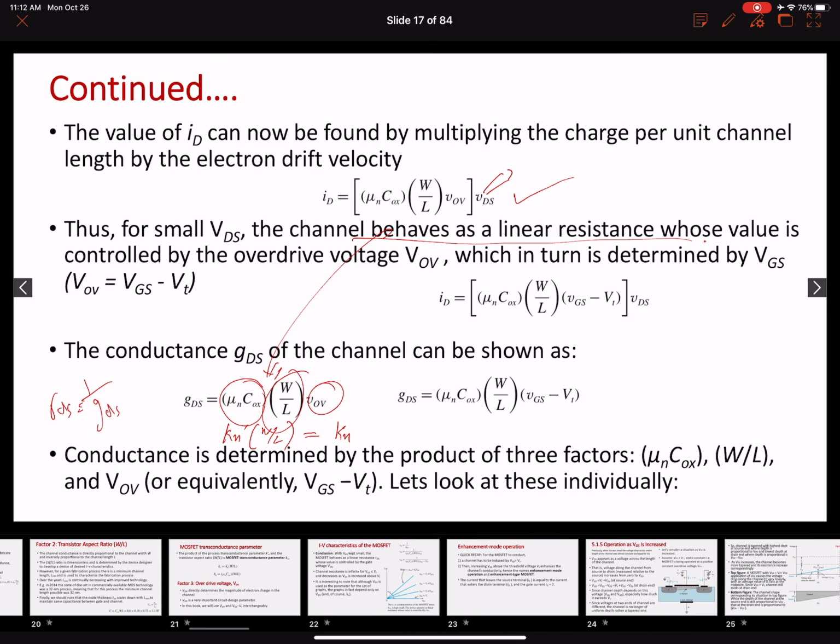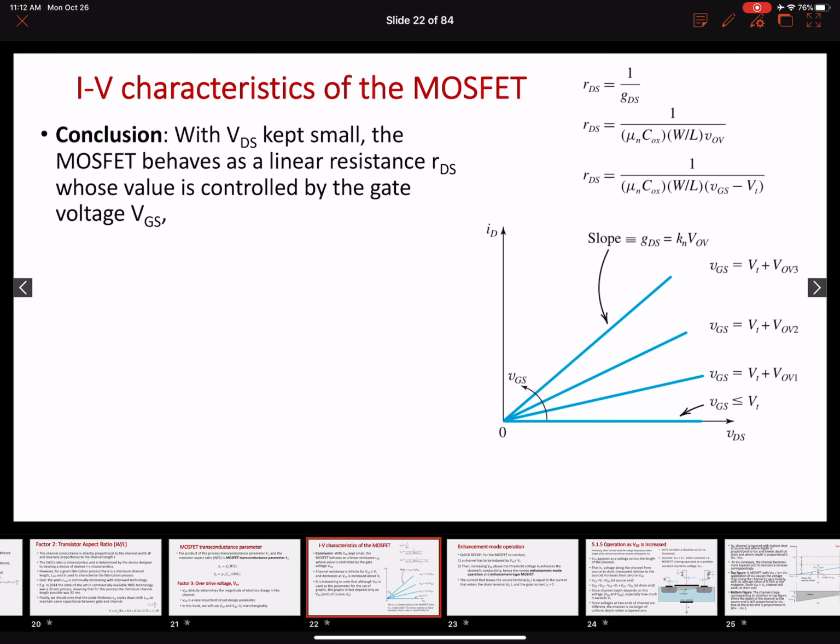Then we talked about the IV characteristics. When the VDS is small and the gate to source voltage is less than the threshold voltage, nothing will flow. No channel will be induced, and irrespective of how much drain to source voltage is applied, no current is going to flow. As soon as the overdrive voltage, or the gate to source voltage, increases, the current will start to flow and it will increase.